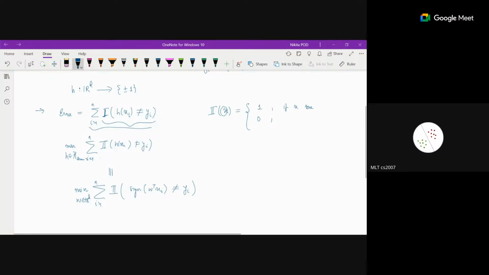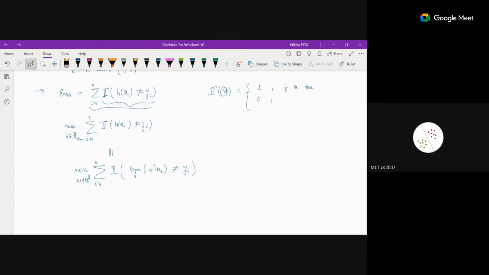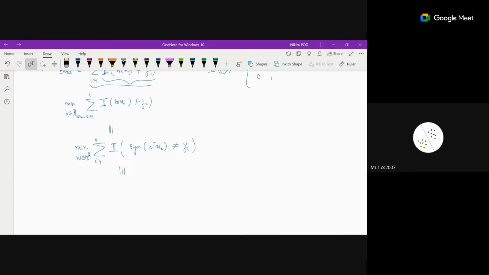But in case we also add a bias term here, this can also be written as, not equivalently, but in case we have a bias term, we can write this as minimize over w belonging to R^d, b some real number, sum over indicator of.